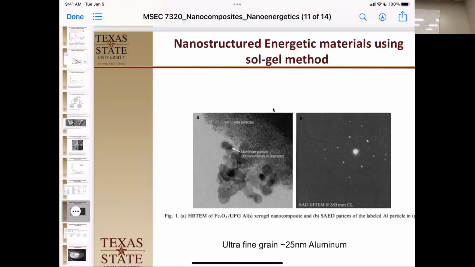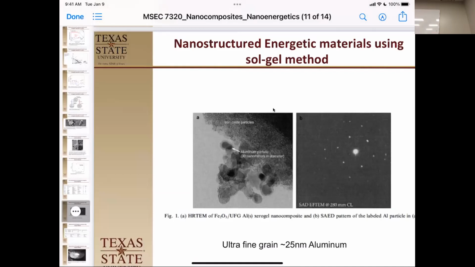And then they created what are called xerogels and aerogels. The difference is a xerogel is dried in ambient conditions and usually has less porosity than an aerogel. Aerogels are usually dried under a special process that gives them porosity above 80%. So usually xerogels are around 50% or less, aerogels are 80% or more.